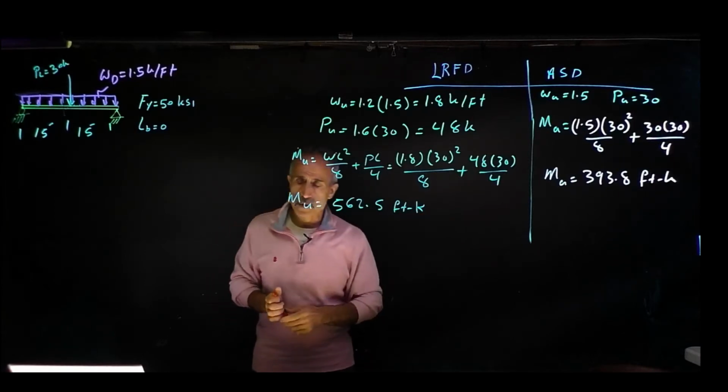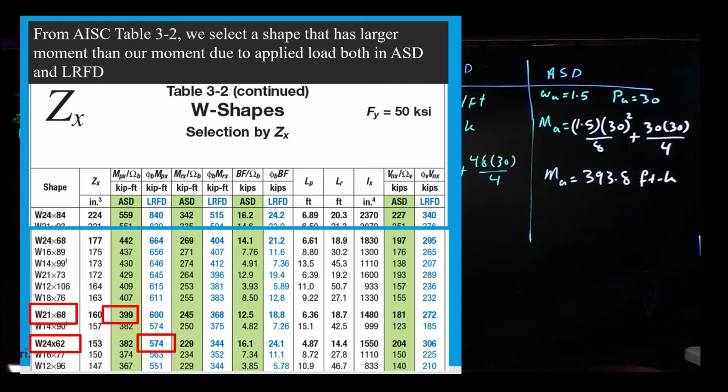So take a look at Table 3-2, and we look at the phi b Mpx, and we can see if we look at the W24x62, that one has a phi b Mpx of 574.